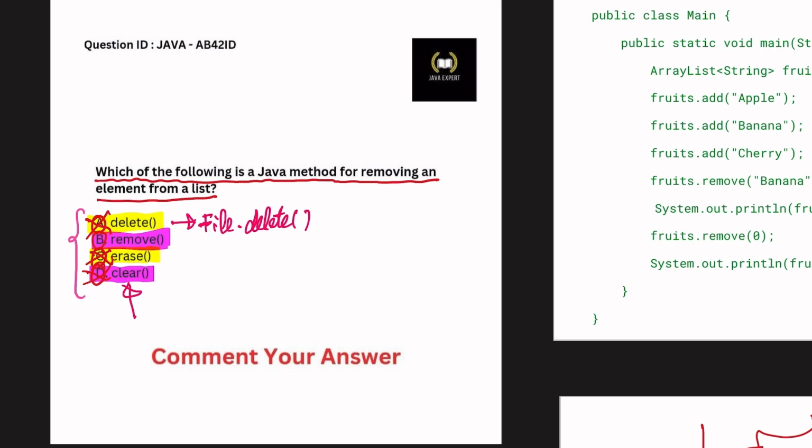B option, remove method. It is the correct option for this question. B option is correct. But why is it correct? Just let me tell you. The remove method is a part of the list interface and implemented by classes like array list, linked list, etc. So it can remove an element by index or value. Let me give you one example.